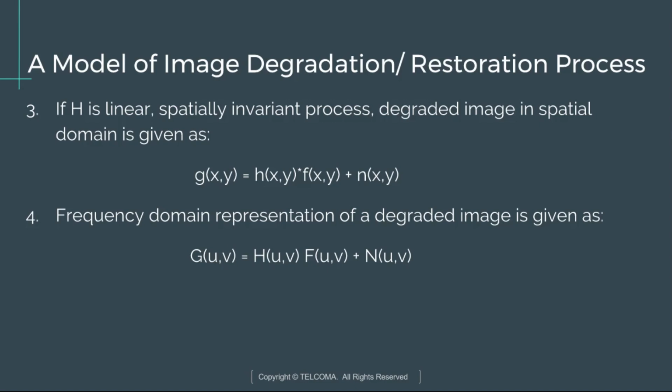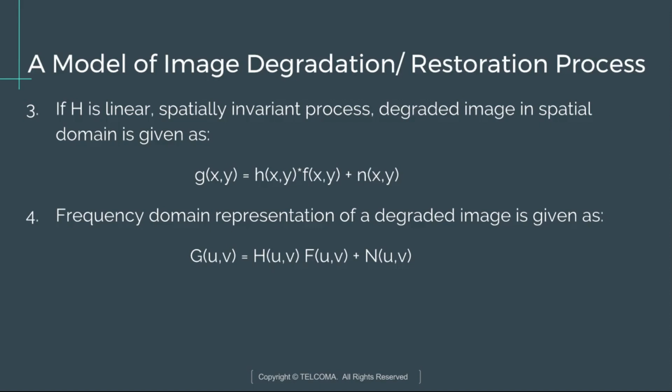If h is a linear spatially invariant process, it can be shown that the degraded image is given in the spatial domain by the equation g(x, y) = h(x, y) convolution f(x, y) + n(x, y), where h(x, y) is the spatial representation of the degradation function.